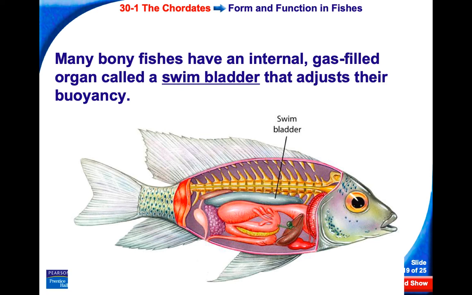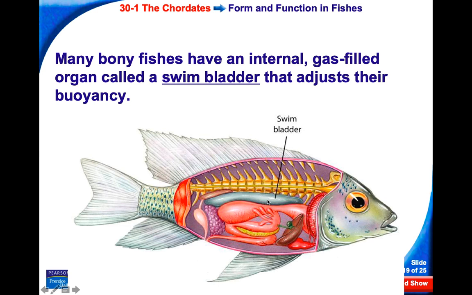So in order to allow bony fish to keep some buoyancy, many bony fish have basically a little balloon or pouch that can be filled with air, filled with gas. Okay, and it's internal.